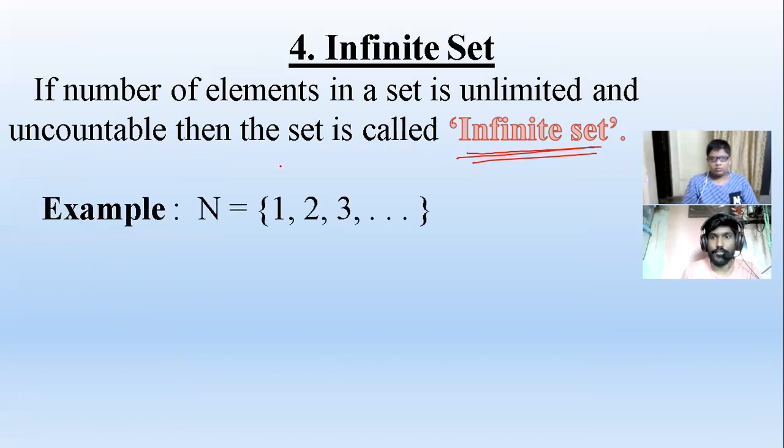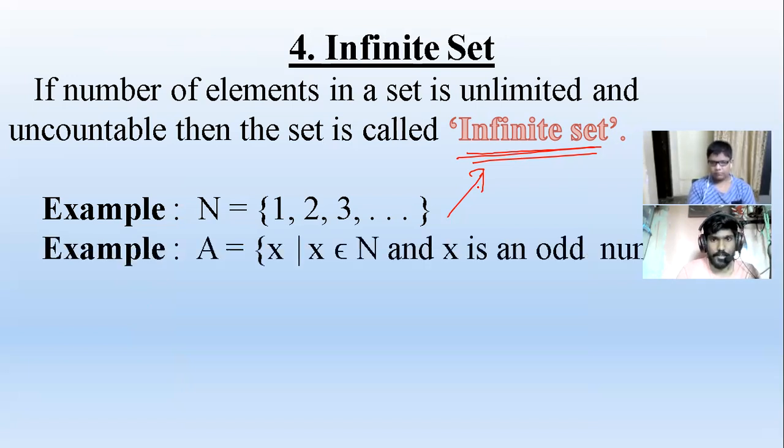So see, set of natural numbers: 1, 2, 3, 4, dot, dot, never ending, not possible to count. So this is an example of an infinite set. Can you give me one example of an infinite set? Even numbers. Set of even numbers, correct. Set of even numbers is an infinite set.